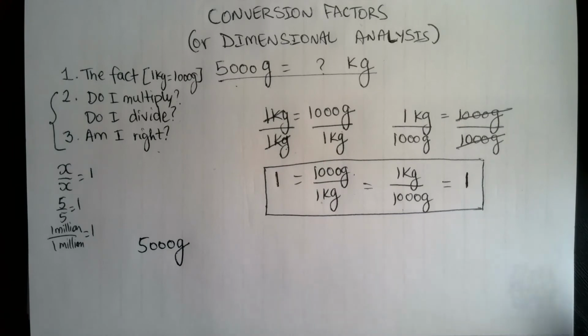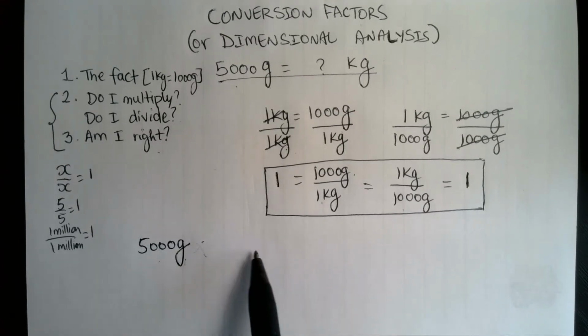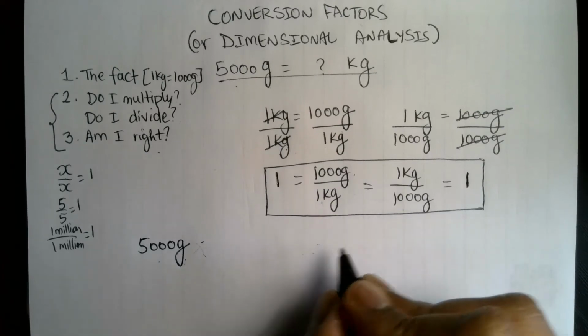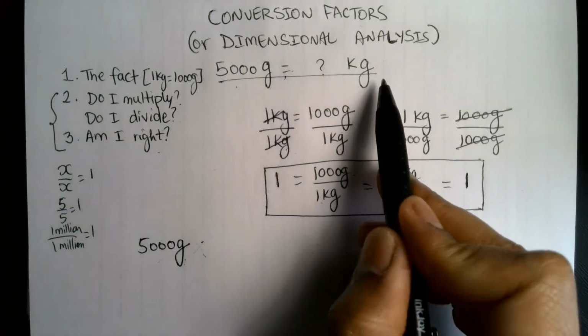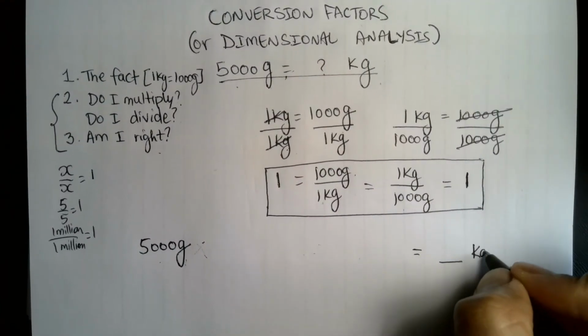I cannot multiply it randomly by a number to get what it is equal to. If I say 5,000 grams is equal to how many kilograms, that's our final answer we want to know.